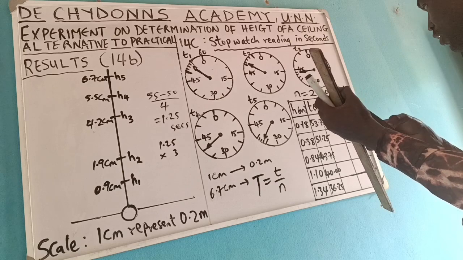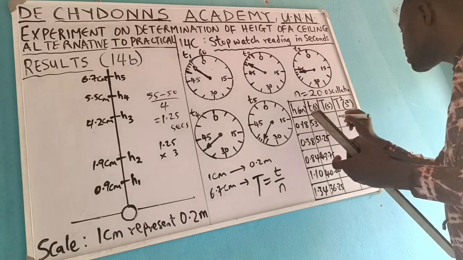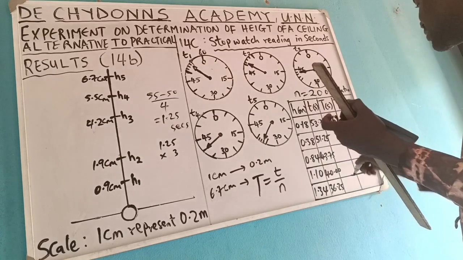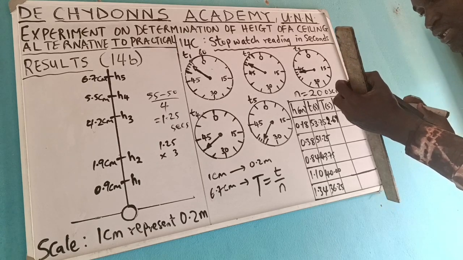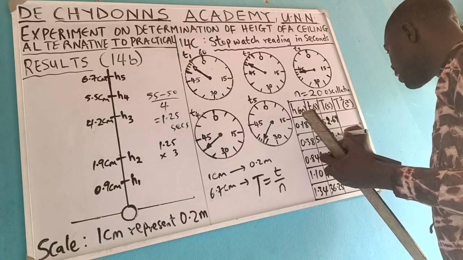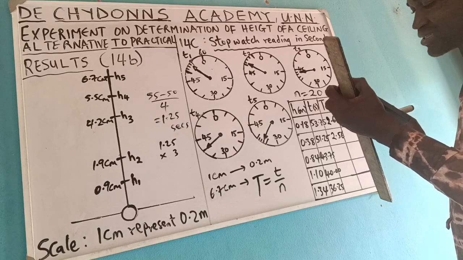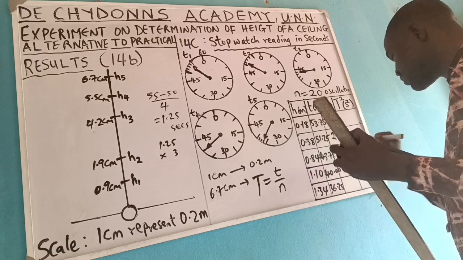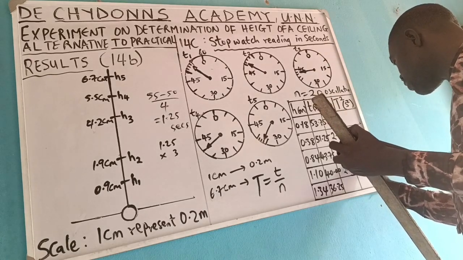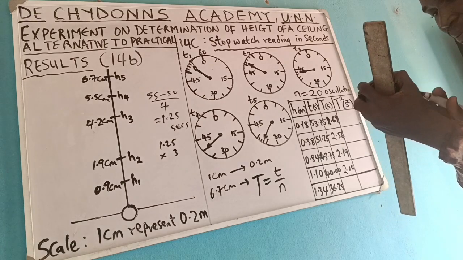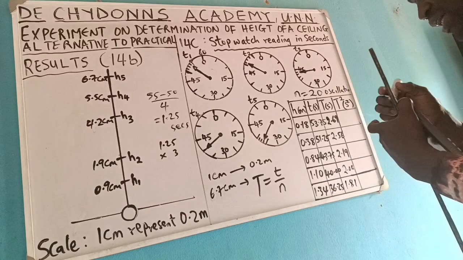Here is 53.75 divided by 20, that is 2.69. 51.25 divided by 20 gives you 2.56. 43.75 divided by 20 gives you 2.19. 40 divided by 20 gives you 2.00. 36.25 divided by 20 gives you 1.81. We are just putting it in 2 decimal places.